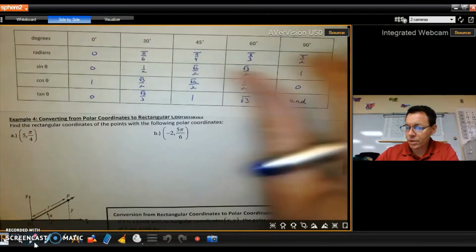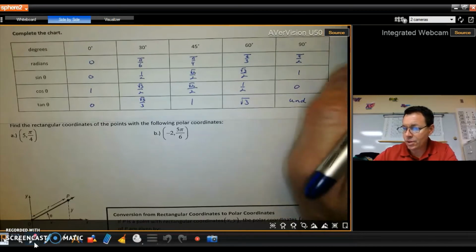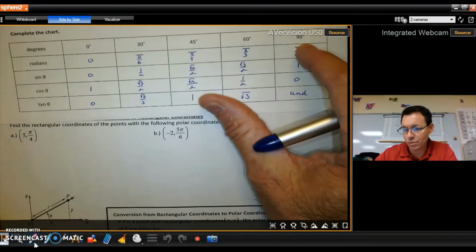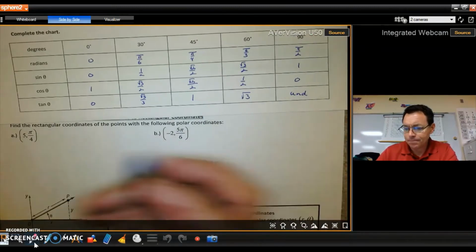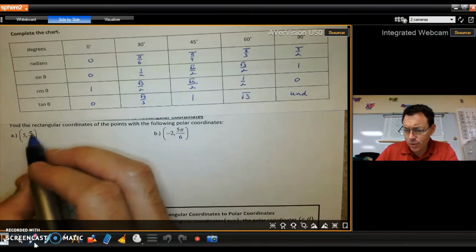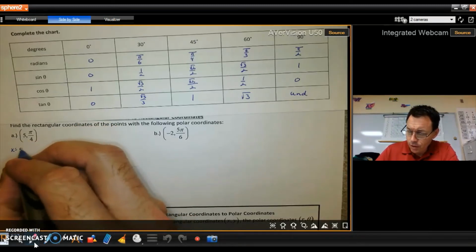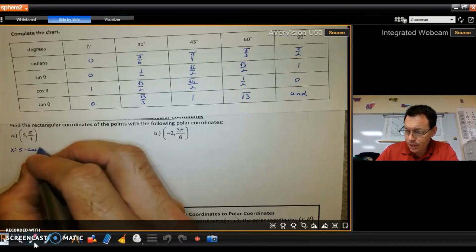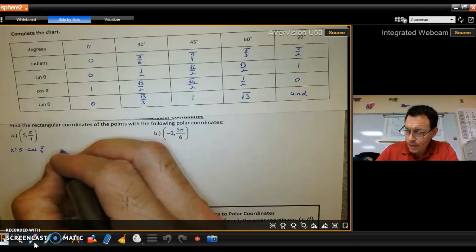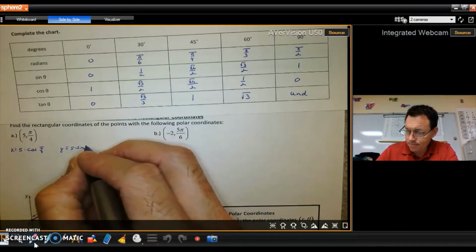Now, I am going to use my chart so I get nice perfect values, no decimals, because some of these would be weird decimals if you took the sine of them. So for example on this one, x is equal to r times the cosine of theta, pi over 4, and y is equal to 5 times the sine of theta, which is pi over 4.